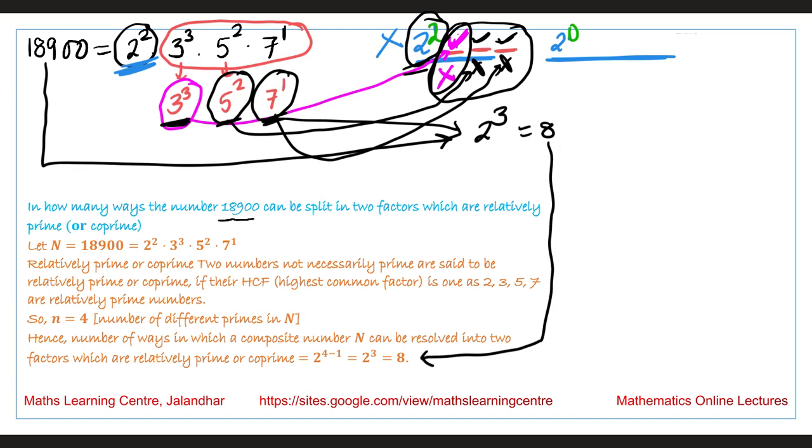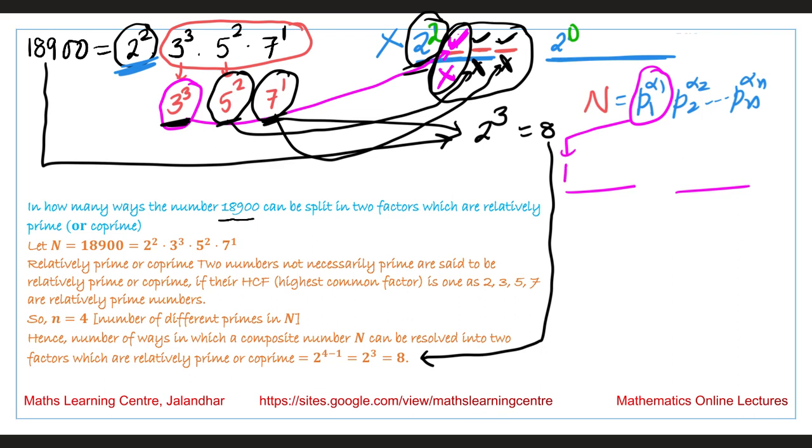So if we are talking about any general number n and we want to write the relatively prime factors corresponding to this number, suppose its prime factorization is p1 raised to power alpha 1, p2 raised to the power alpha 2, and so on up to pn raised to the power alpha n. So if we write the prime factorization, suppose we choose p1 raised to the power alpha 1 at this place.